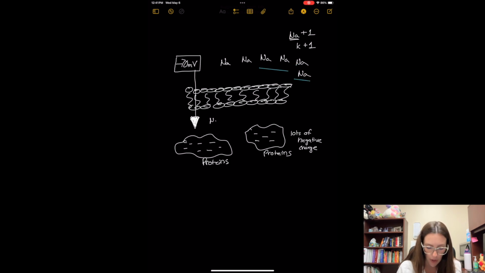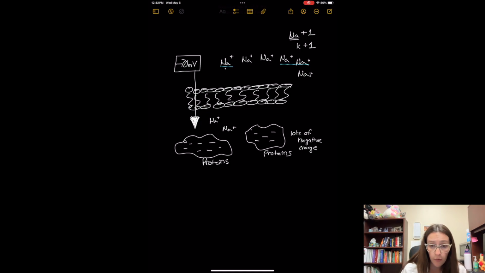We also have channels that allow for a negative ion to come in. That would be hyperpolarizing. And those are also very common.